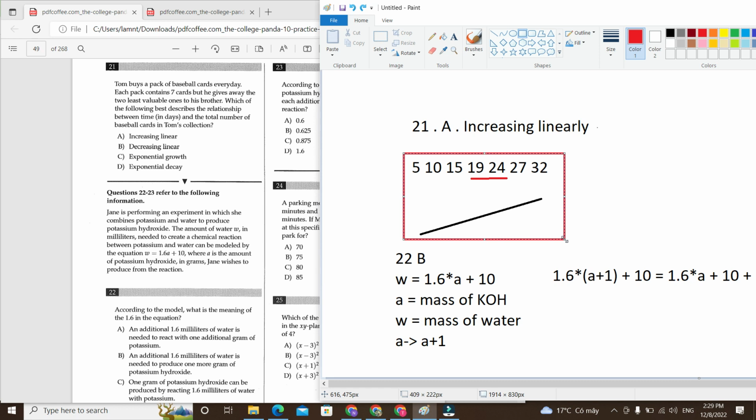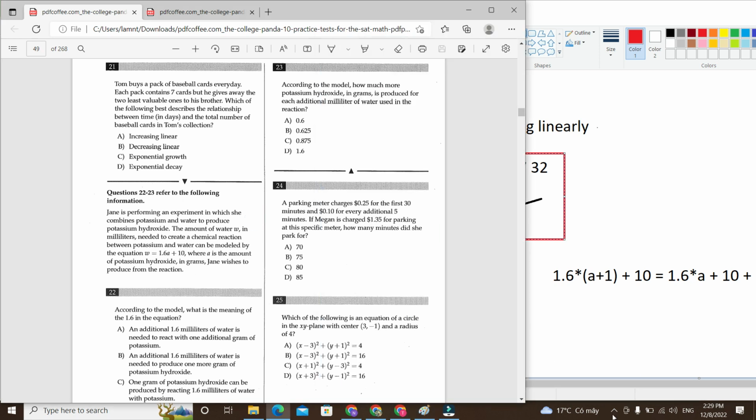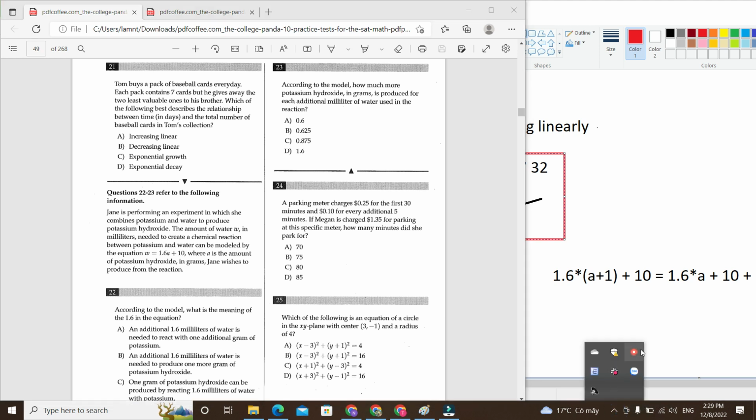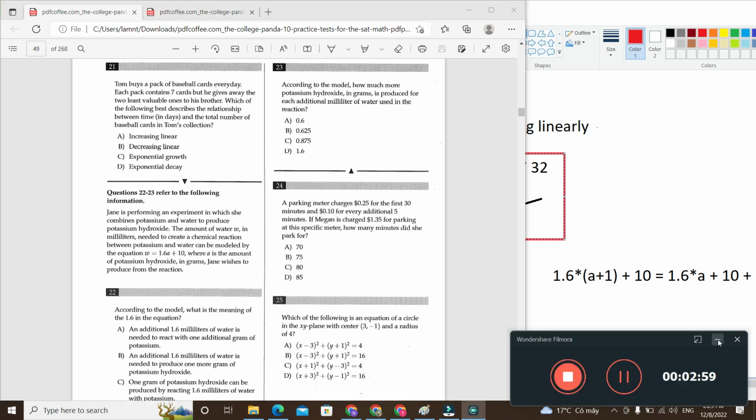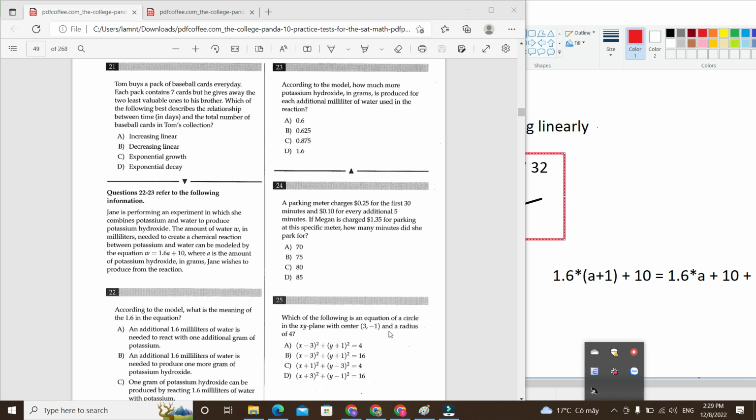Numbers 22 and 23 refer to the following information. James is performing an experiment in which he combines potassium and water to produce potassium hydroxide.